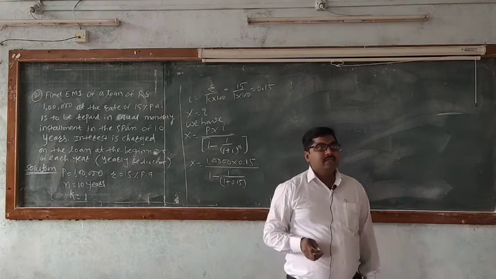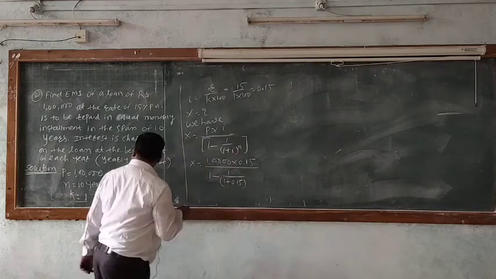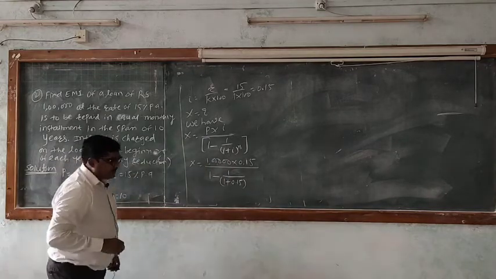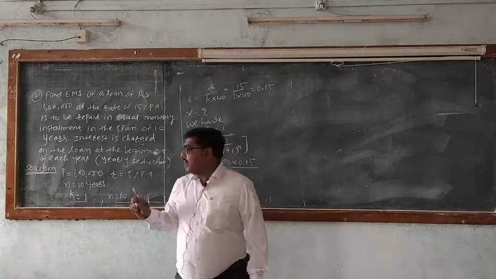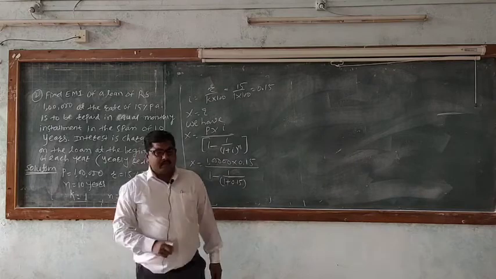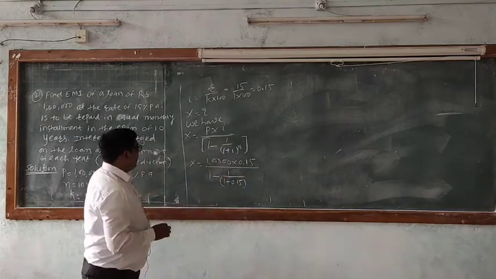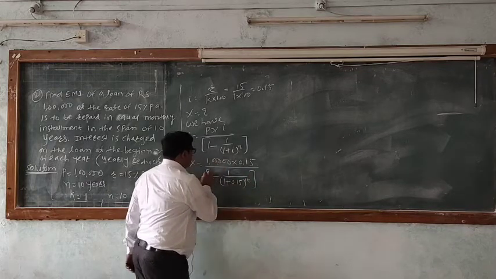N is 10 years, and interest is charged year wise. That's why the total number of conversion periods is 10, bracket close.